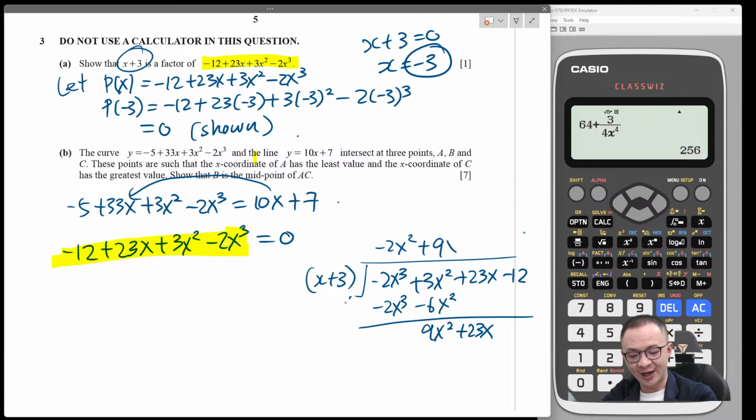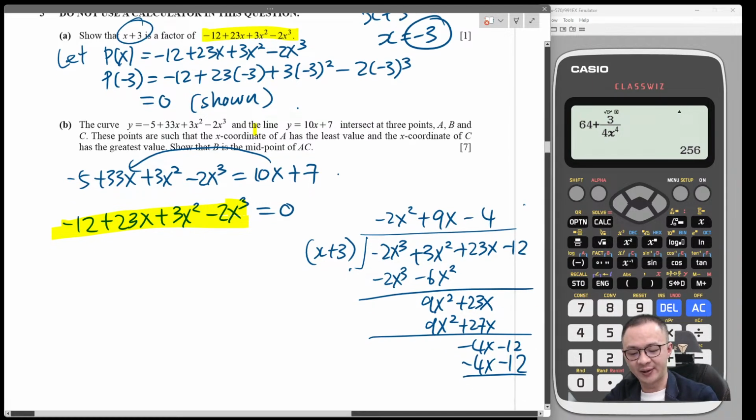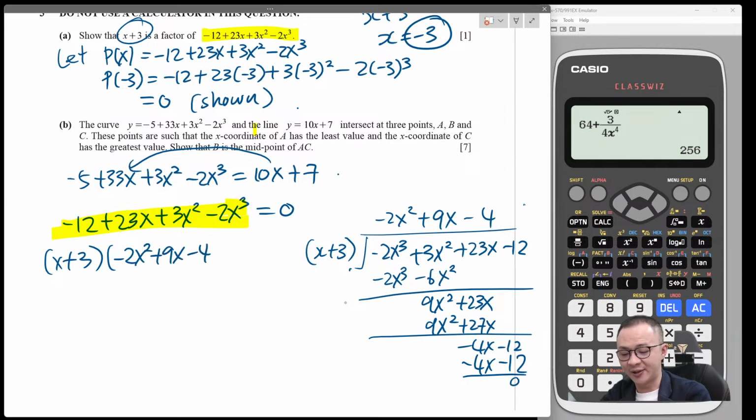I will add 9x, so I get 9x squared plus 27x. So I should get -4x minus 12. I will do -4 here to get -4x minus 12. Remainder is 0. So therefore, I know this is x plus 3 and -2x squared plus 9x minus 4 equals 0 after long division.